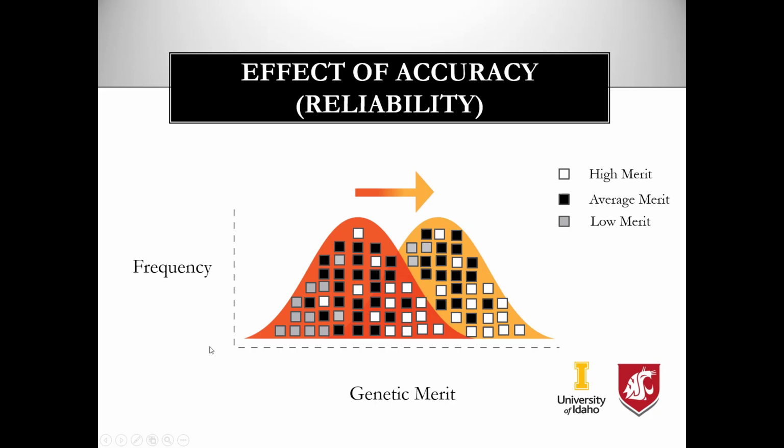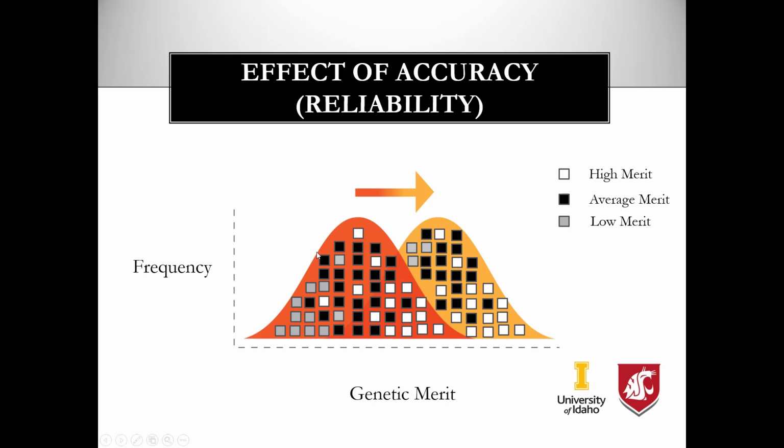So why are we so concerned with the effective accuracy? Well, by identifying those animals that have low merit, here shown in the gray, we can move our herd towards the genetic progress that we're seeking, which is towards the right. And you might say, well, that'll be obvious because we'll see those animals doing poorly, but we also know that the environment plays a role.